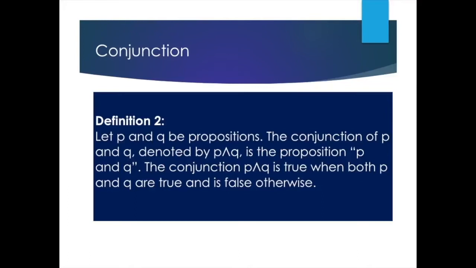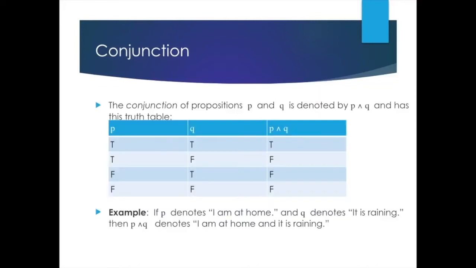So the conjunction of P and Q, denoted by P and Q, is the proposition that both P and Q must be true. So the outcome of the truth table will be true or false. Let us take an example.